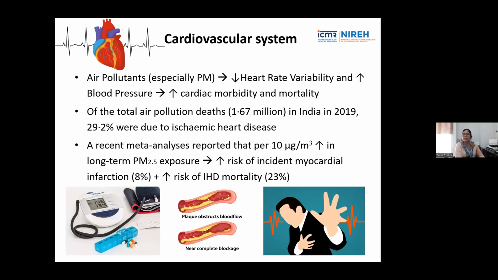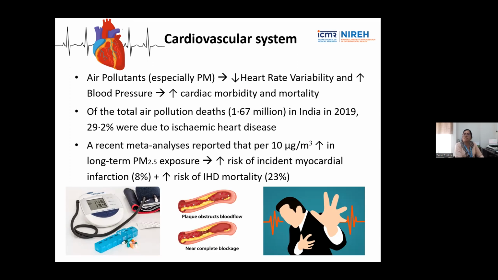Another organ system that is majorly linked with air pollution is the cardiovascular system. Air pollutants have been known to decrease heart rate variability and increase blood pressure. There are studies that link air pollution, particularly particulate matter exposure, with the occurrence of atherosclerotic plaques in blood vessels. So all these risk factors for ischemic heart disease have been linked to air pollution, as well as ischemic heart disease itself.